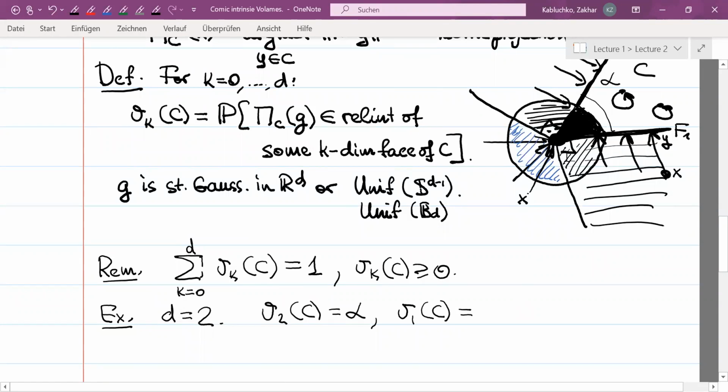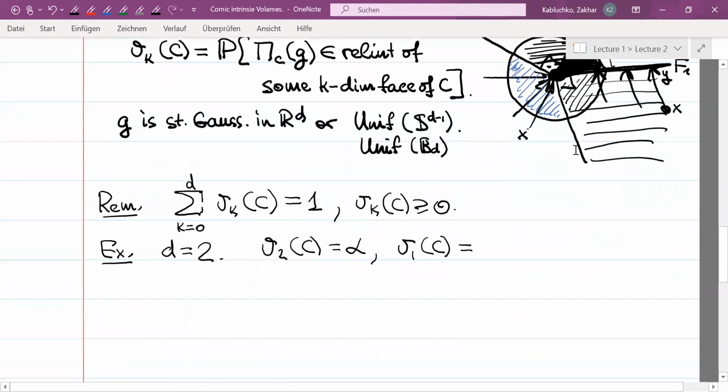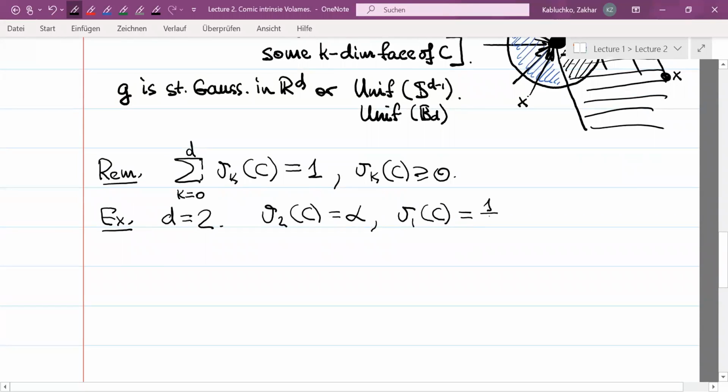It is the probability that our point, uniformly distributed on a ball or on a sphere, is either in that domain or in that domain, but these are two right angles, and they sum up to half of a full solid angle, so it is 1/2 always. And finally, the 0th intrinsic volume is just the rest, because the sum should be 1, so it is 1/2 minus alpha.